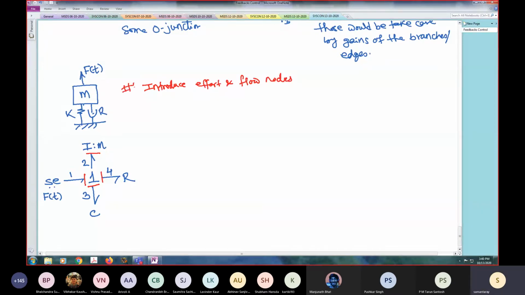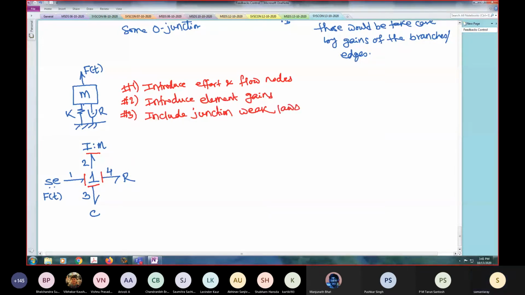Number two, introduce element gains. Number three, include junction laws. That's it.